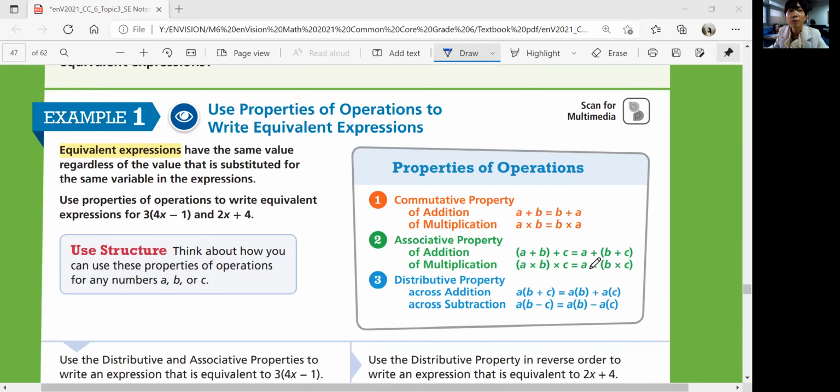Do you remember the properties of operations? You have commutative property, associative property, distributive property. Commutative property is when you have different order for addition and multiplication. If you switch B and A, your answer should not change. Associative property means you have parentheses, and that's also talking about the order.